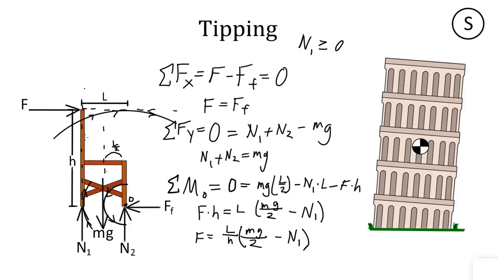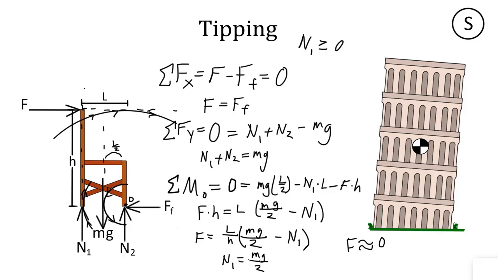But how I want you to analyze F is, imagine you're pushing on this chair right here, and you're going to basically barely push on it until it tips over. And if we're barely pushing on it, then F is approximately 0. And if F is approximately 0, then N1 has to equal mg over 2, just because this inside has to equal 0 then. L can't be equal to 0.